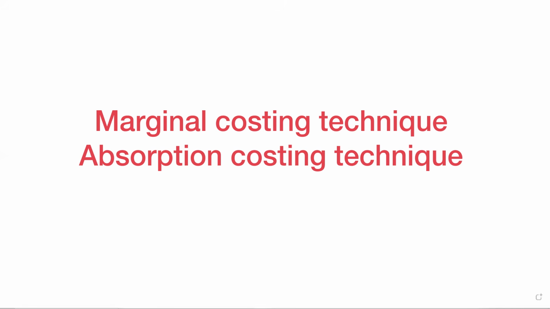Very simple. So the first step, anytime you come across a production costing technique, after reading your question and going through all of it and understanding it, the first thing that should come into your mind is to calculate the production cost per unit for the marginal costing and the absorption costing, both techniques.